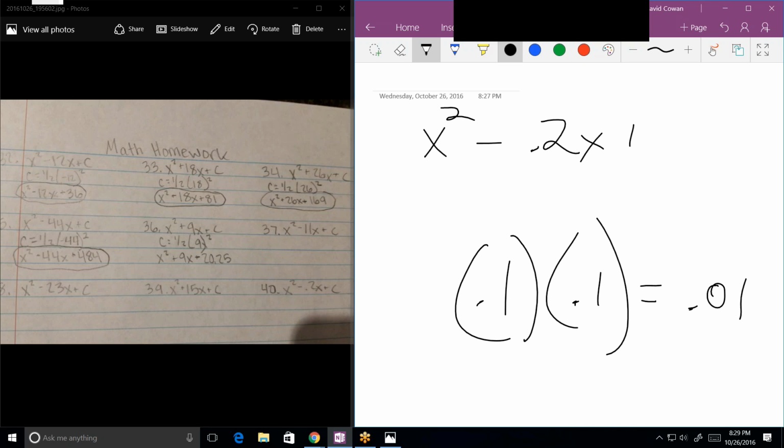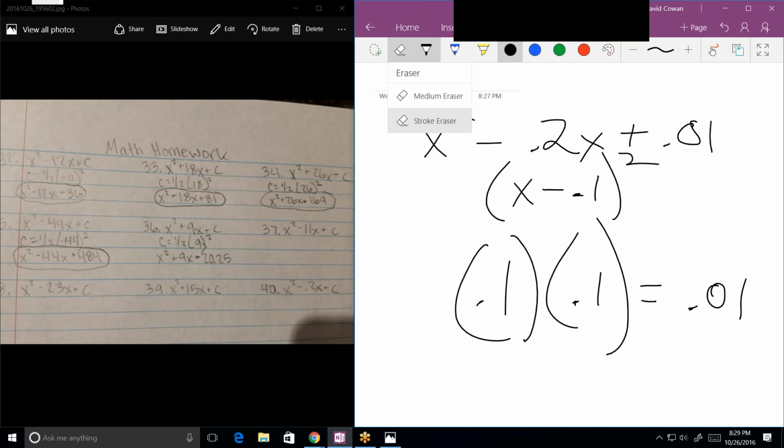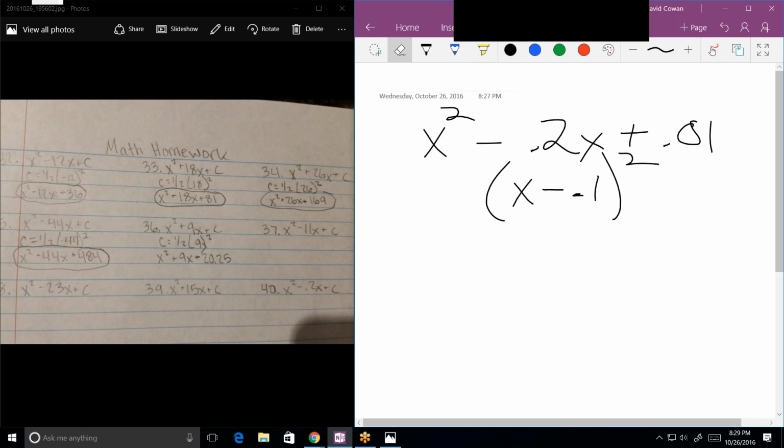So I'm going to add 0.01. That's what C ends up being on 40. Now I can write that expression as x minus 0.1 quantity squared. That's the key. That's the only reason you ever complete the square, so that you can write it as a linear term, squared.